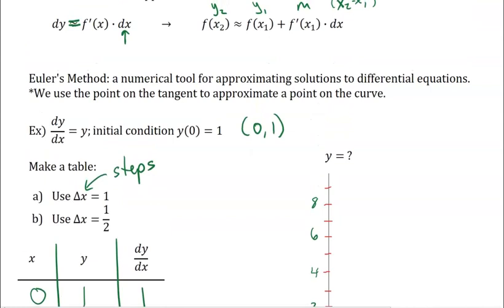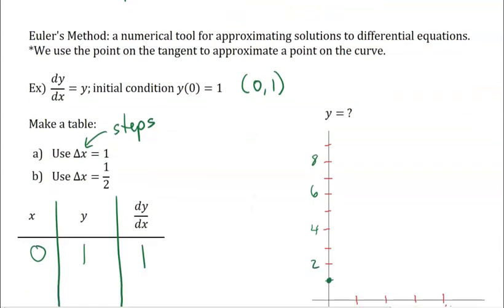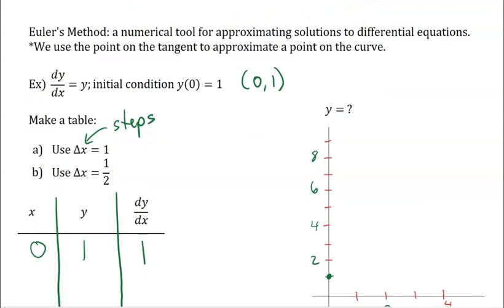Well, according to this right here, to find my new y value, I'm going to take the old y value and I'm going to add the slope times the horizontal change. Well, that horizontal change, dx, is the same as delta x, and technically I guess this should be called the step width. Okay, but I have a width of 1 for my step, so I don't really need to multiply because it's really just times 1.